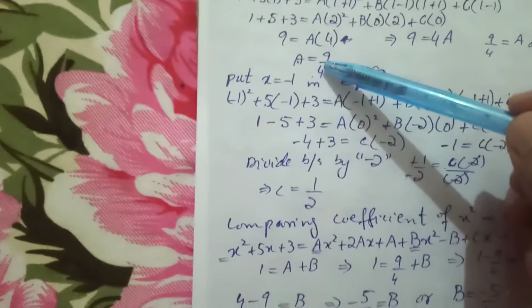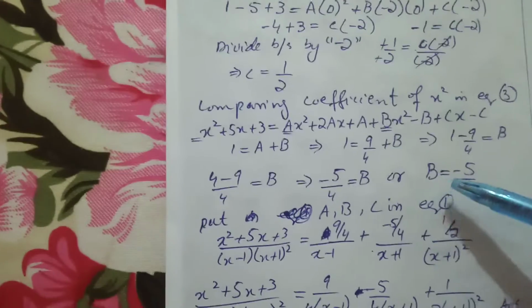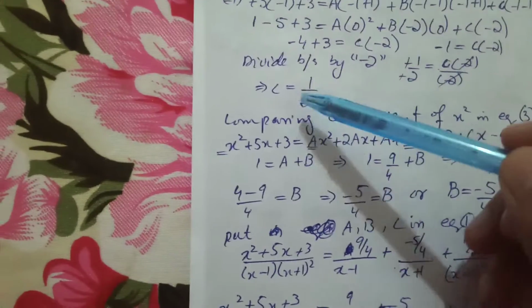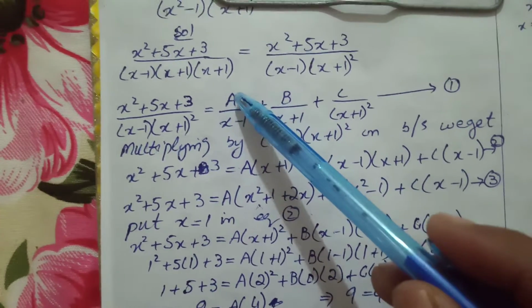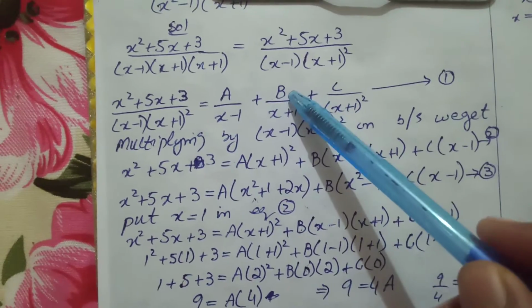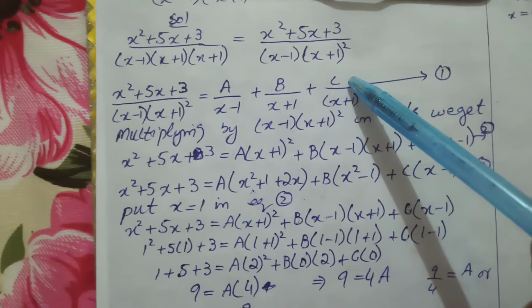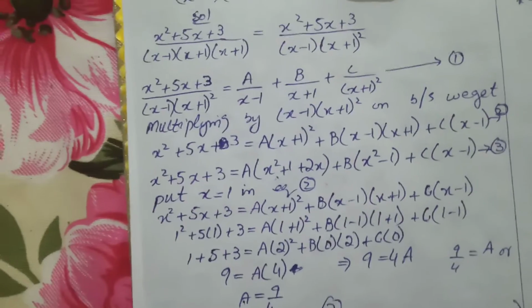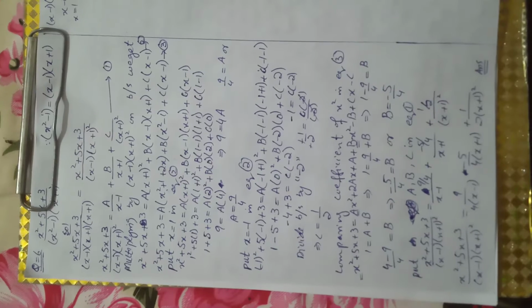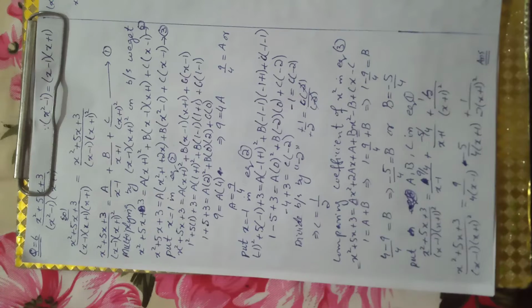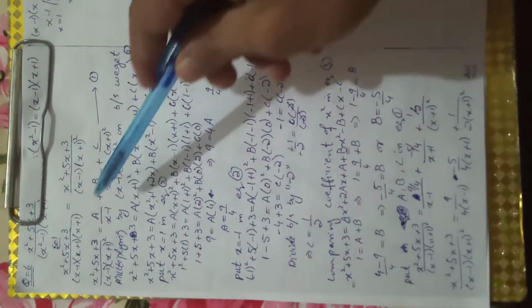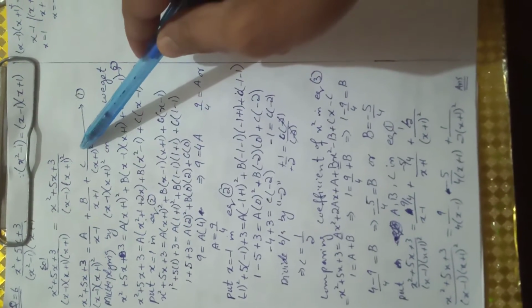Now we know the value of a. Similarly, the value of b and the value of c we can put in this equation. Here we put the value of a, here the value of b, here the value of c. Now this is a, b and c.